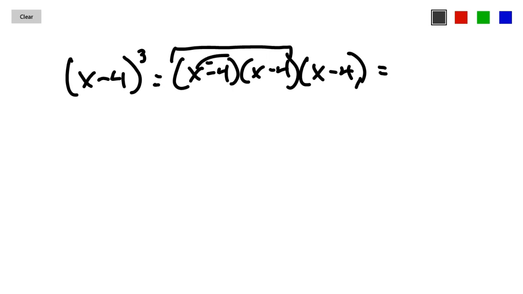Just focusing on the first two terms, I have my first product as x times x, which gives me an x squared. My outer product is x times minus 4, which gives me a minus 4x. The inner product is minus 4 times x, which gives me another minus 4x. And then my last product is going to be negative 4 times negative 4, which gives me a positive 16.